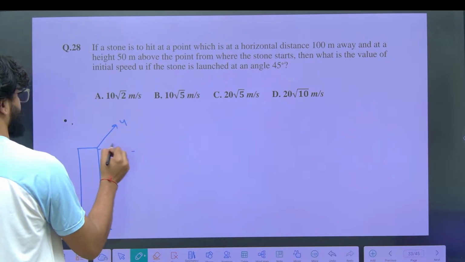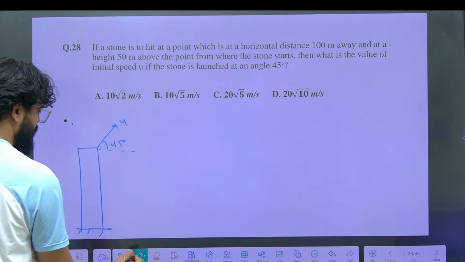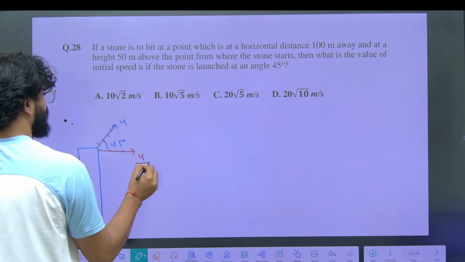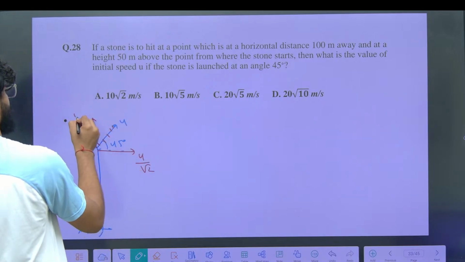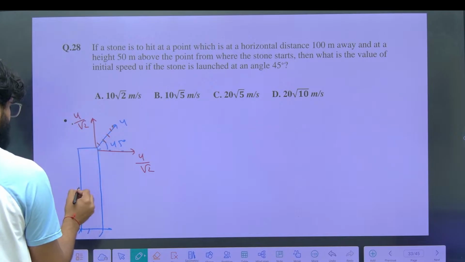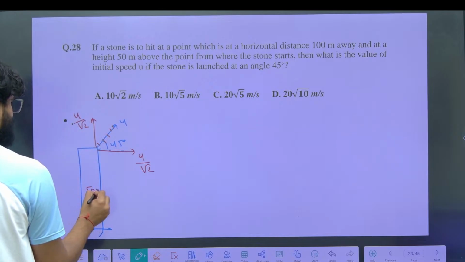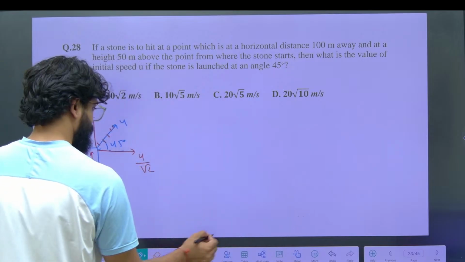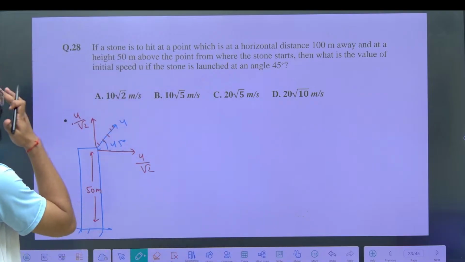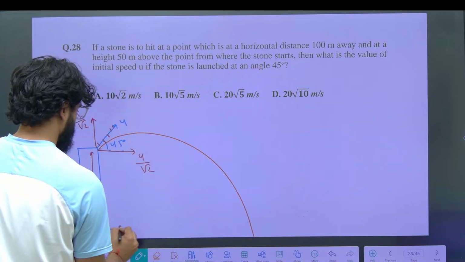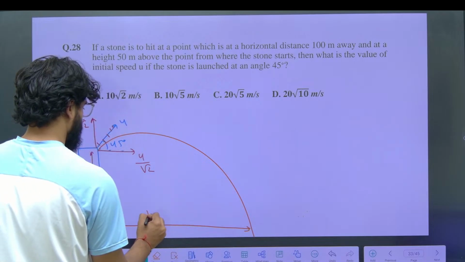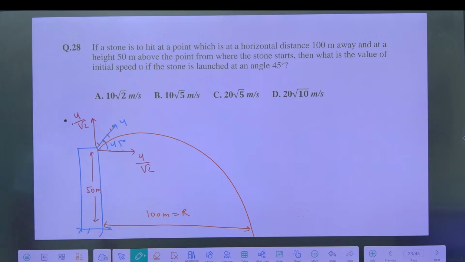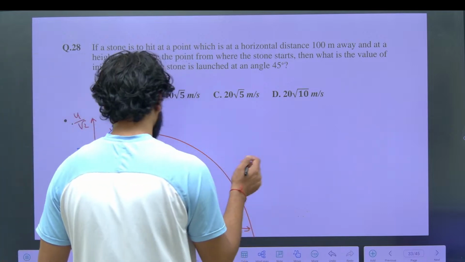This is u, 45 degrees, u by root 2, u by root 2, height is 50 meters and range over here is 100 meters. Now they are asking what should be the value of u to make this happen.